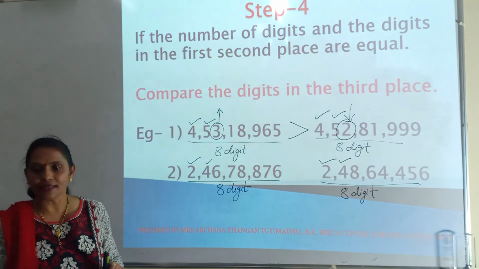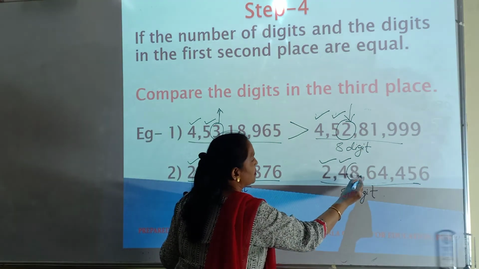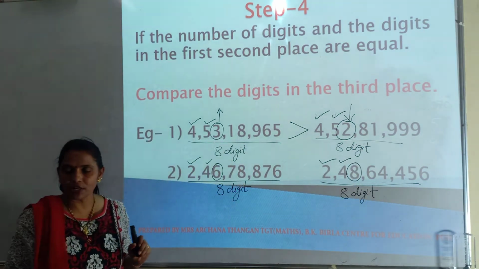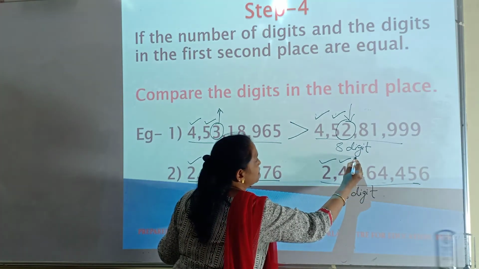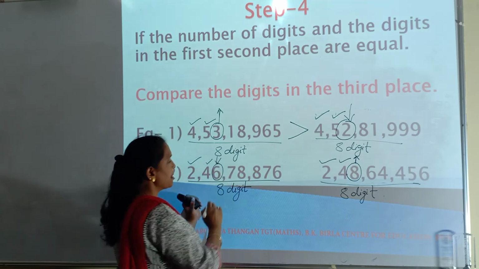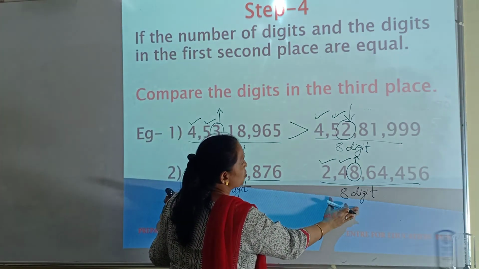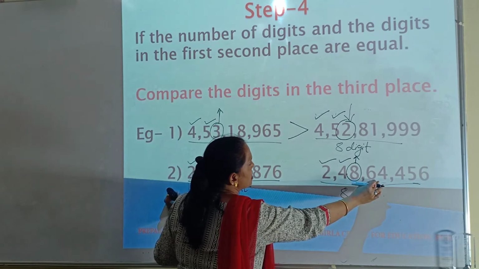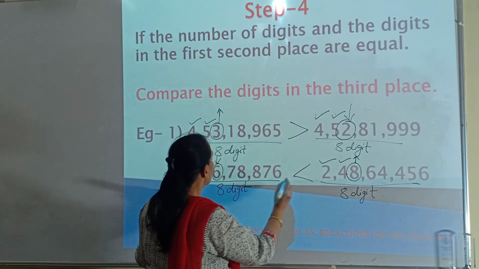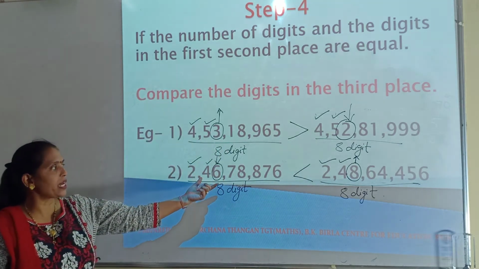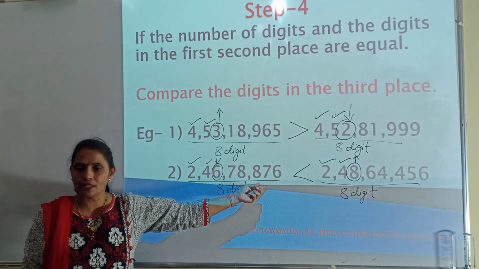Our third digit here is 6 and here is 8. Which digit is greater, 8 or 6? So 8 is greater and 6 is smaller than 8. So which number is greater? This number is greater: 2 crore 48 lakh 64,456. This number is greater than 2 crore 46 lakh 78,876.